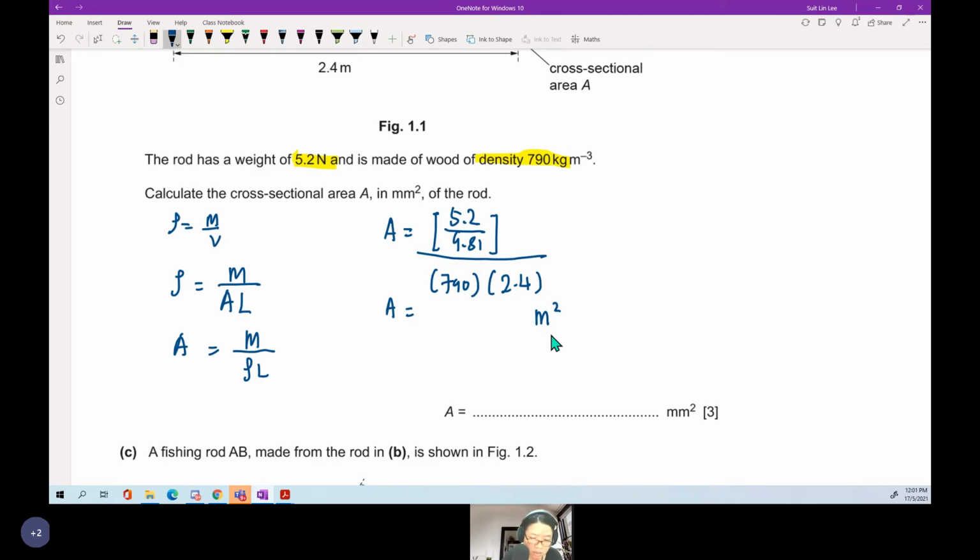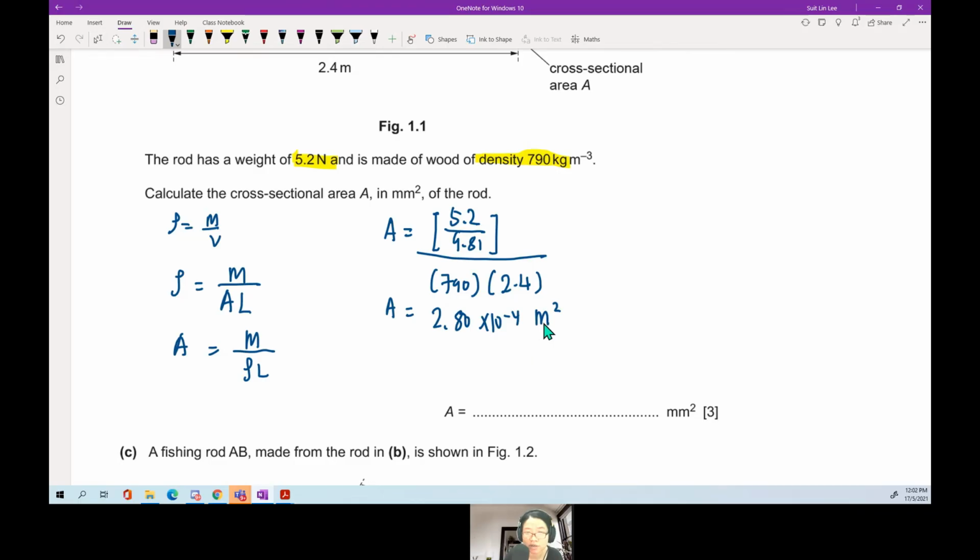So let me press my calculator. 2.795, I guess I'll put 2.80 times 10 to the power of -4 meter squared.